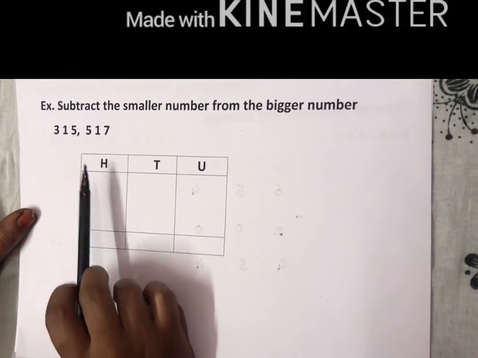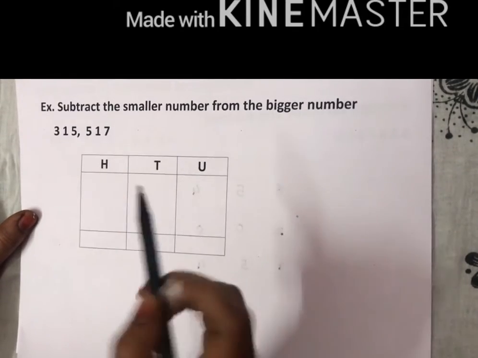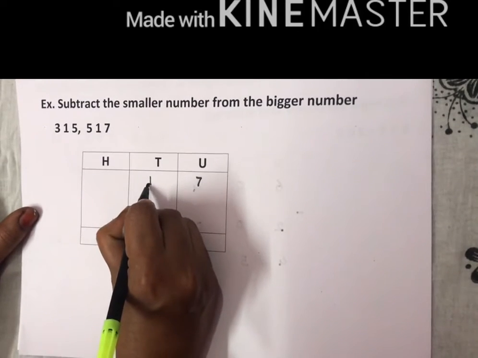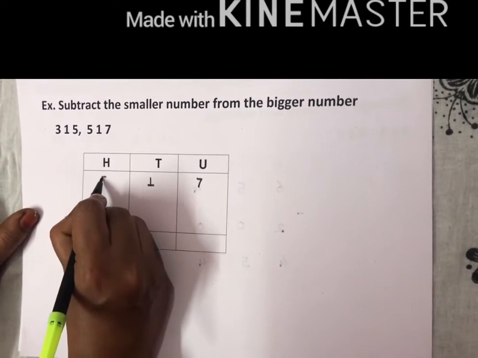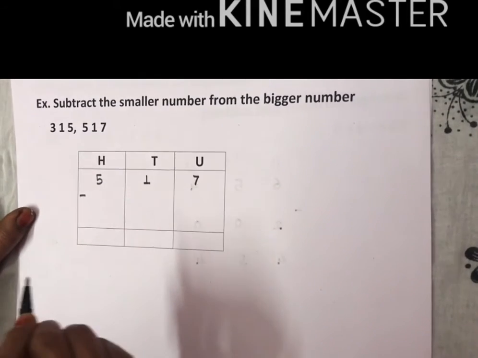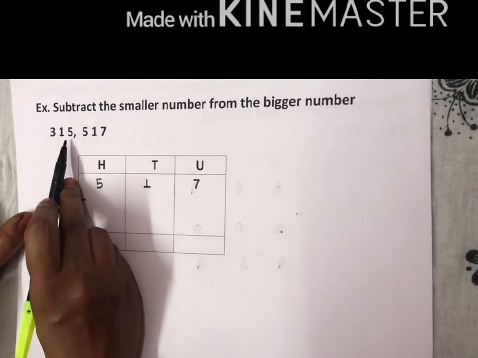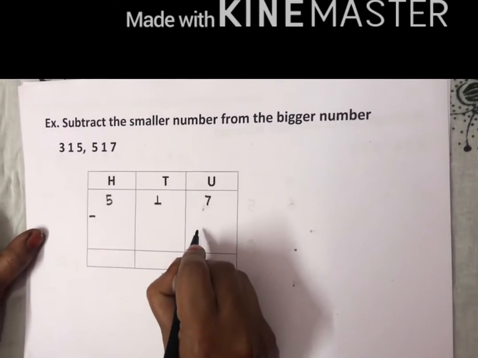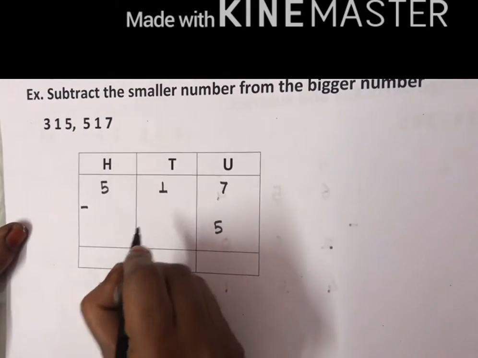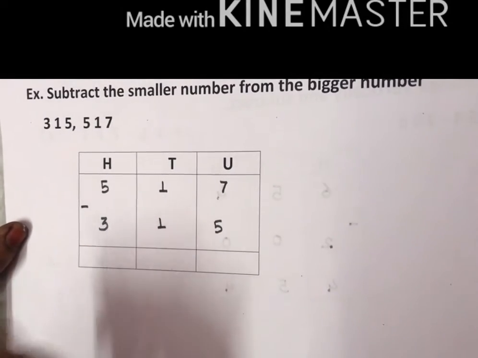So first we will write the bigger number in the column method. So how are we writing? 7 will be at unit place, 1 will be at tens place, and 5 will be at hundred place. Then we want to subtract, so minus sign, and then we will write the smaller number, 315, in their respective place values. So 5 at unit place, 1 at tens place, and 3 at hundred place.